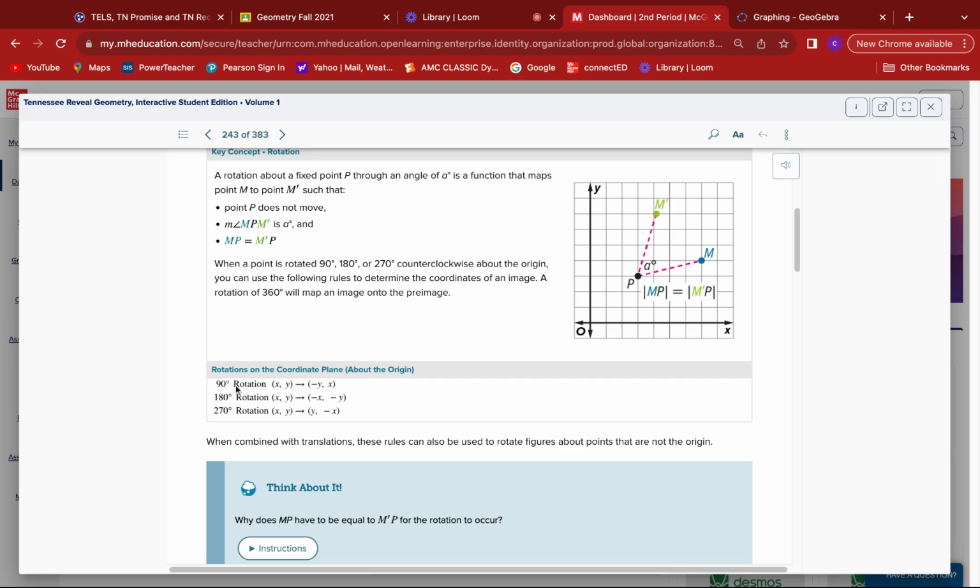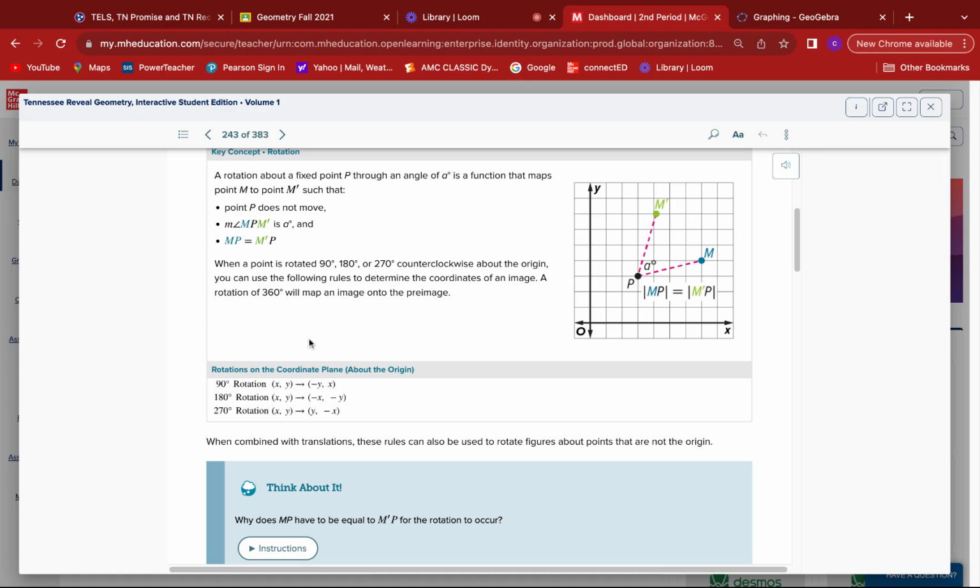So if you're looking for something like 90 degrees to the right, which would be clockwise, this is the same thing as 270 counterclockwise. So it's the same cheat code. If you want to go 270 clockwise, then that's going to be the same thing as 90 counterclockwise.